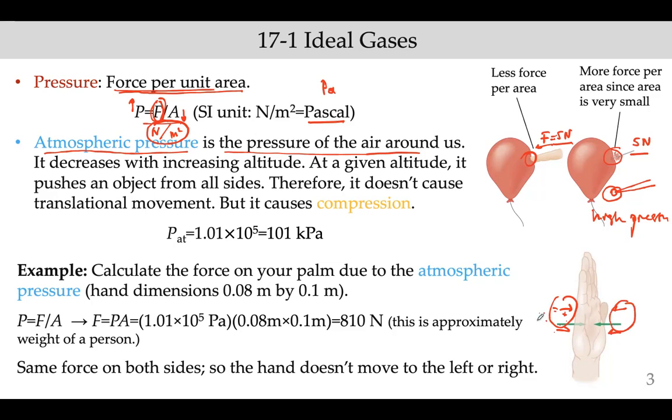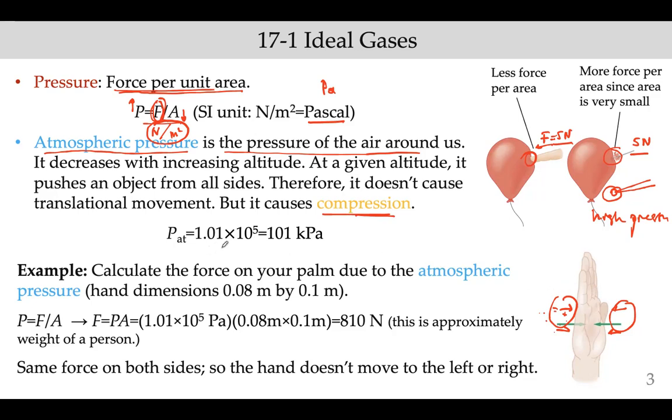So they cancel out, and your hand doesn't move to the left or right. But it feels compression. So even though there's no translational movement, because the pressure is in all directions, it creates compression. The air compresses your hand a little bit.